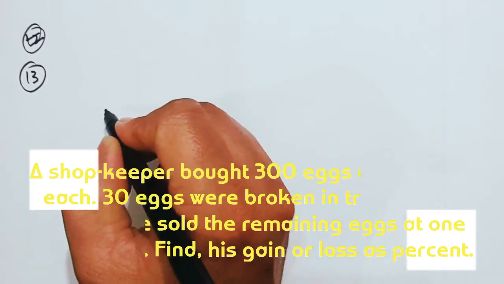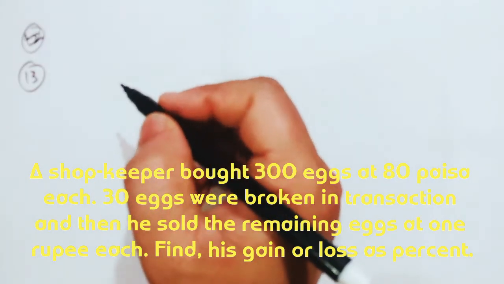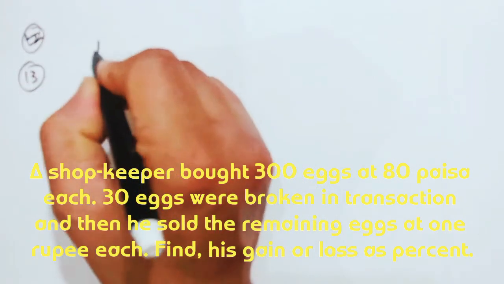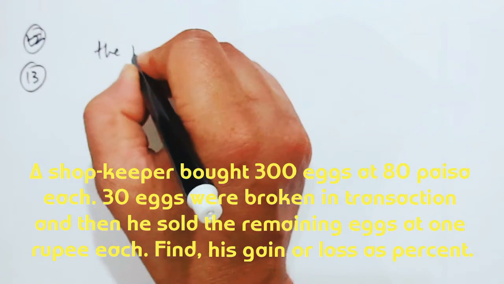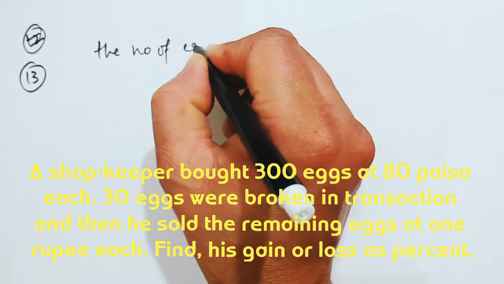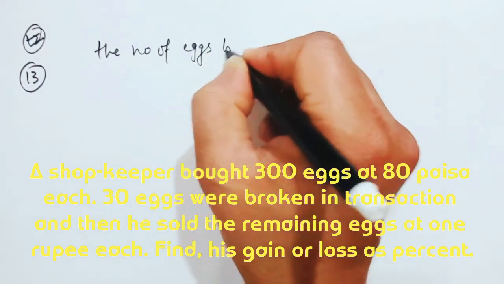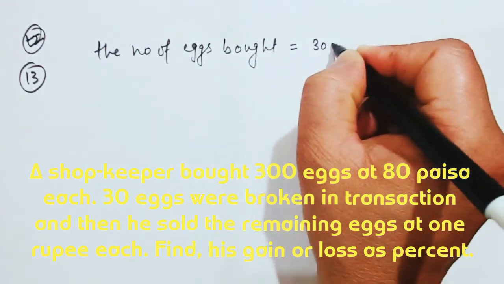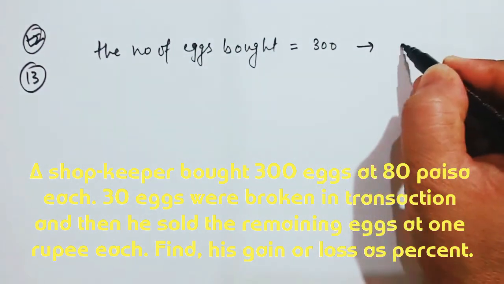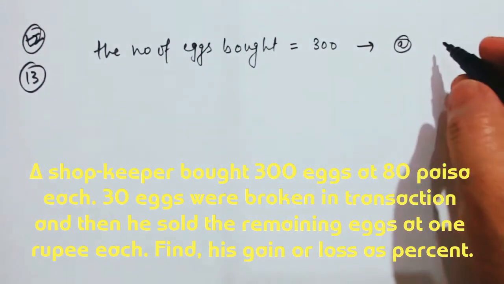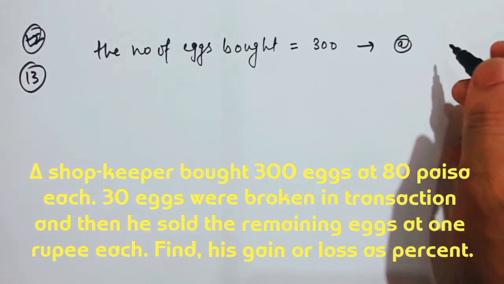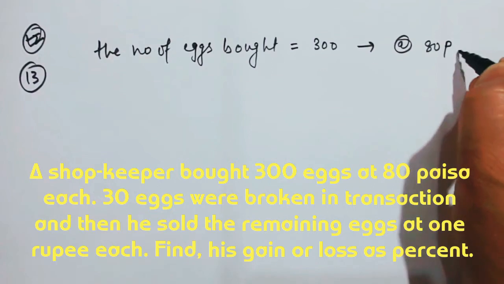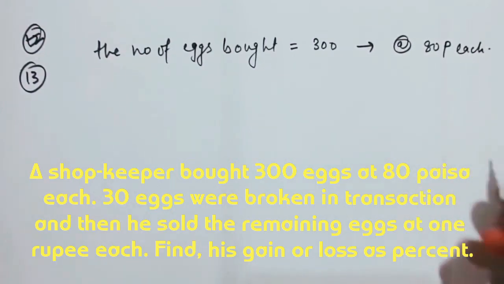A shopkeeper bought 300 eggs at 80 paisa each. So the number of eggs bought is equal to 300, at a rate of 80 paisa each.